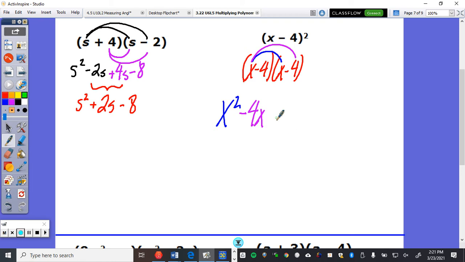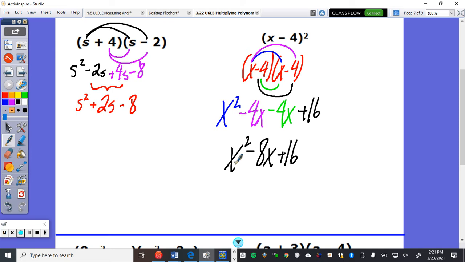Then the inner terms, negative 4x. And then the last terms, negative 4 times negative 4 gives me a positive 16. Combine the like terms in the middle, that gives me a negative 8x. And bring the 16 and the x squared down. This is my answer.